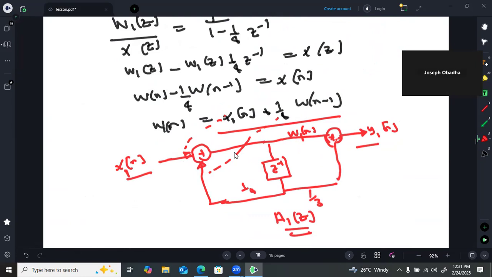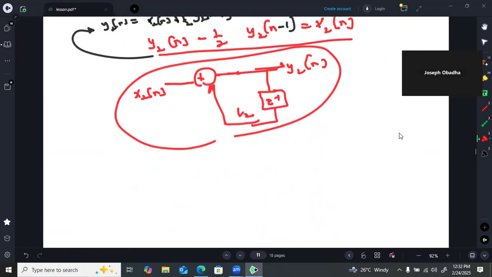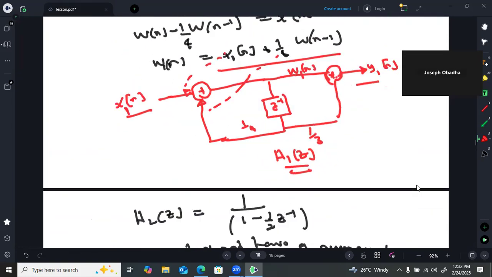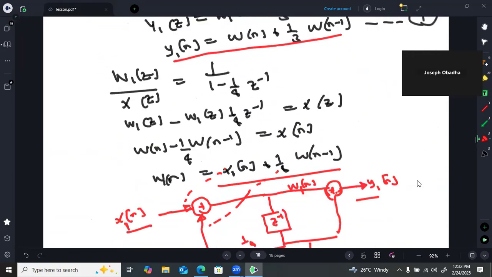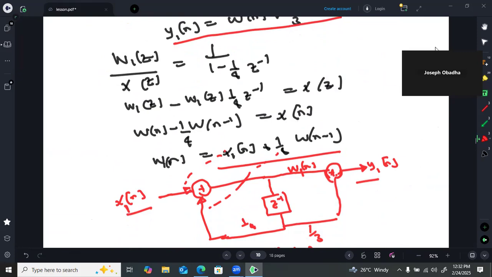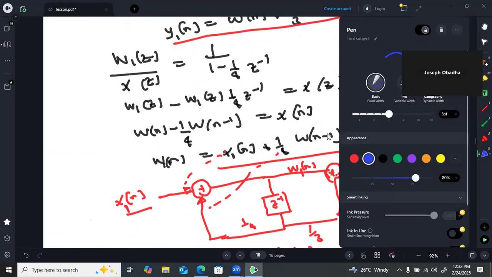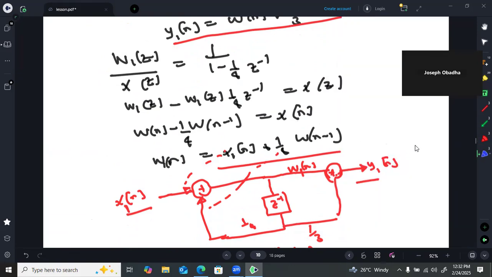And then now to get the output Y2 of n here. So finally, we need to have my Y2 of n, the output.